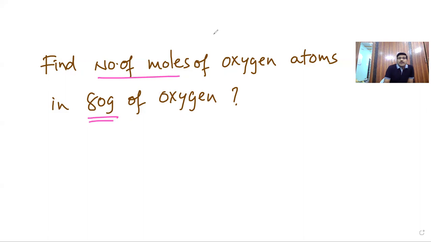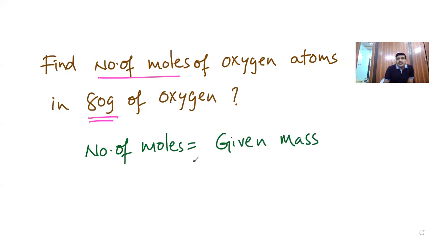Okay. Now I am making use of the formula. What is the formula? Direct attack, I am using the formula. Number of moles is equal to given mass by gram atomic mass or molar mass.